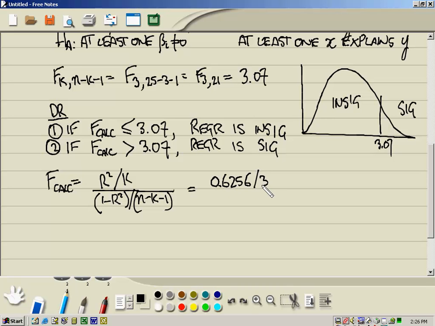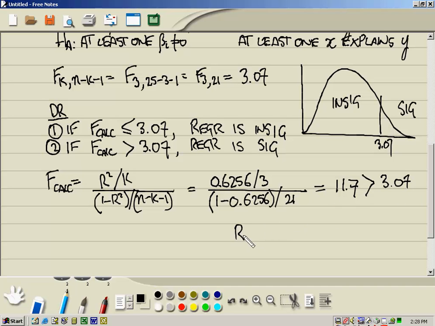So that's 0.6256 divided by k of 3. Then 1 minus 0.6256 divided by 21. And that works out to be approximately 11.7. 11.7 is clearly much greater than the 3.07, the critical value.